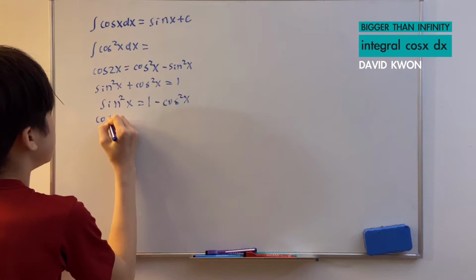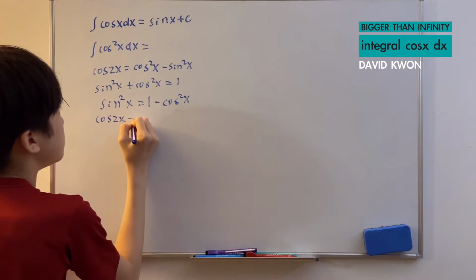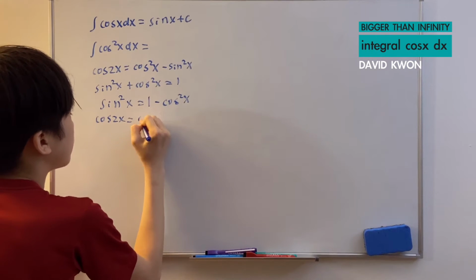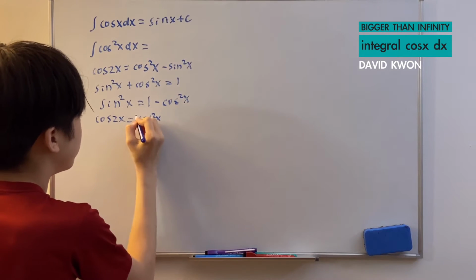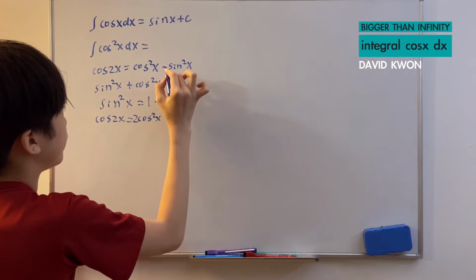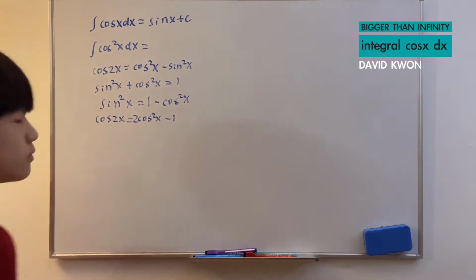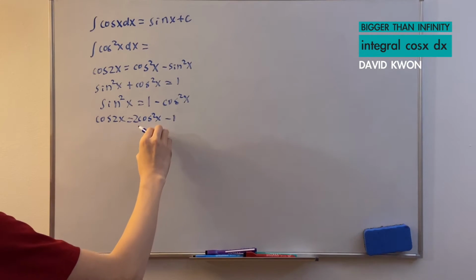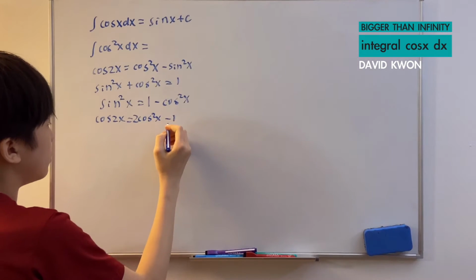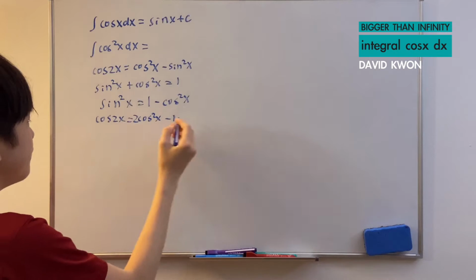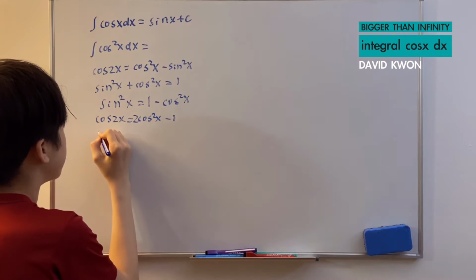So we get cosine 2x is equal to cosine squared x minus another 1, so we have times 2, and then that's just minus 1. Nice. And now we want cosine squared x to be alone, so all we do is just plus 1 on each side and then divide by 2 on each side, but plus 1 comes first.